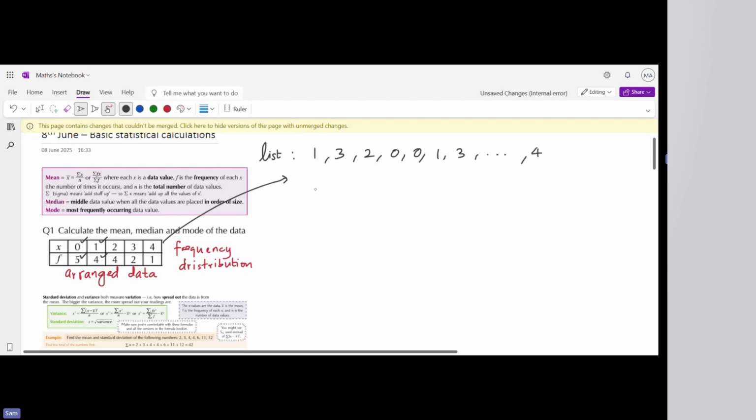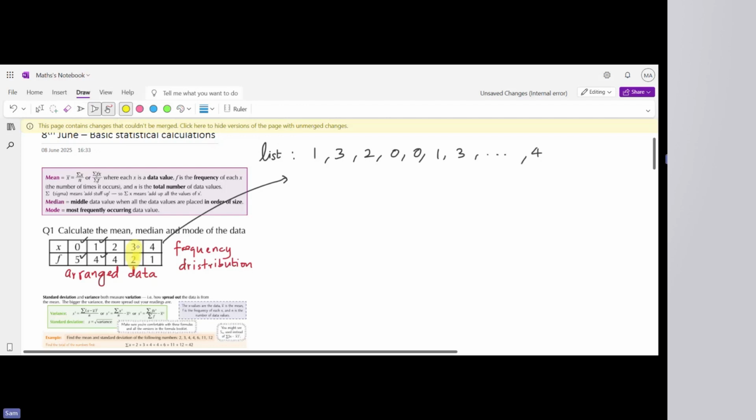So if you have to find the mean, you have to see what is the contribution of 3 in the overall sum. There are 2 of the number 3.